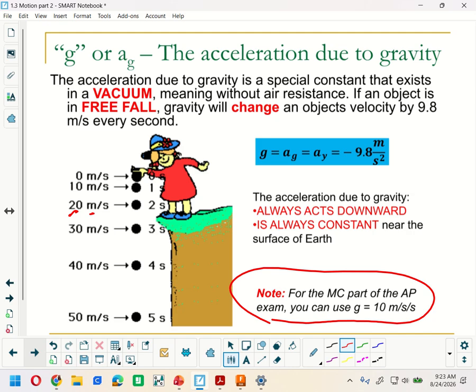Something falling and it stops increasing, but it's still falling. It's called the terminal velocity. There's a point at which gravity is not going to pull on it any more than it currently is. So there's a speed that everything will eventually get to, and that will be it.